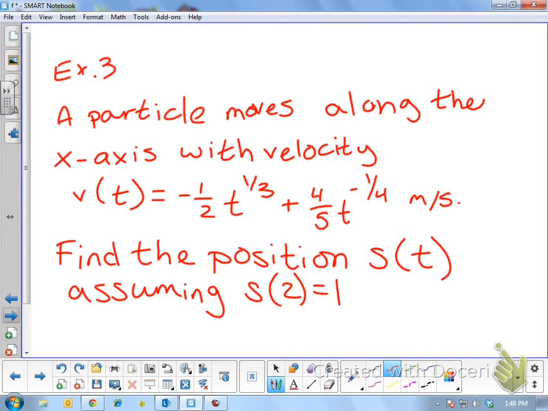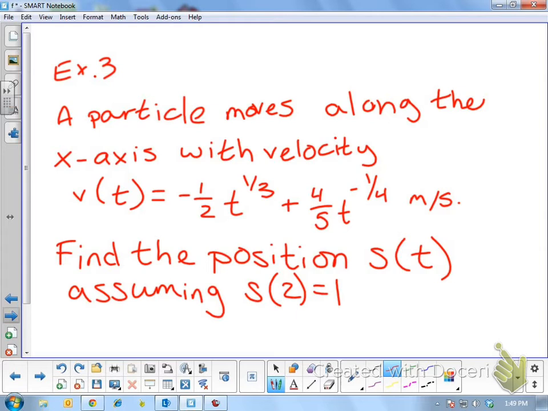So I know you guys hate word problems, but oftentimes it's just a fancy way to say, do what we've been doing already. So if we do what we've been doing already, what should we do? Take the antiderivative of v of t. And if we take the antiderivative of v of t, we get position.